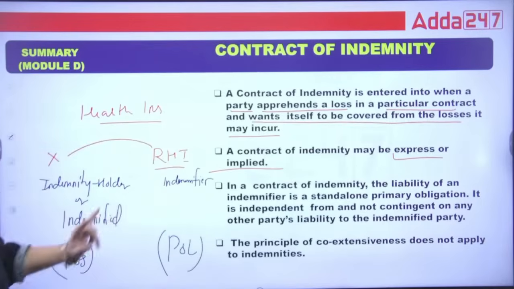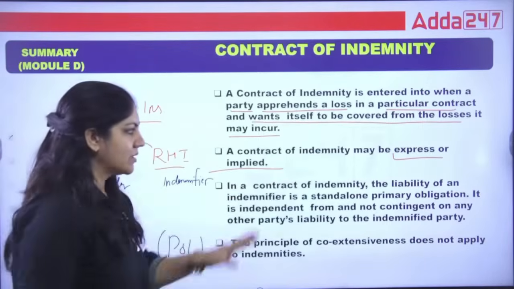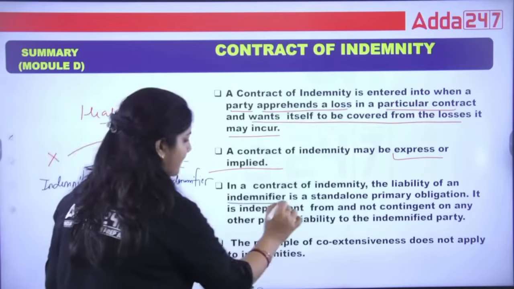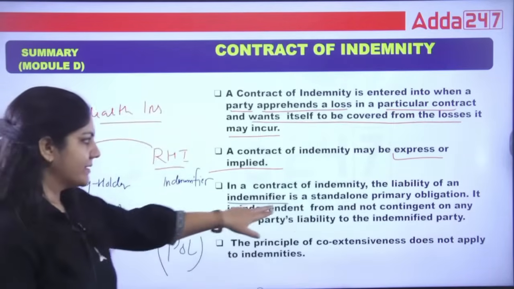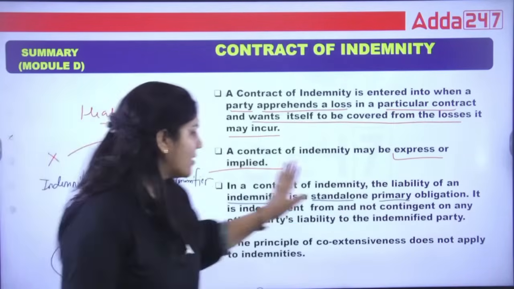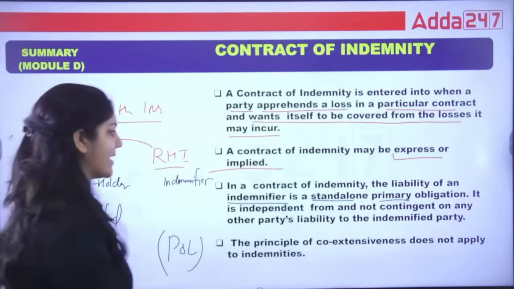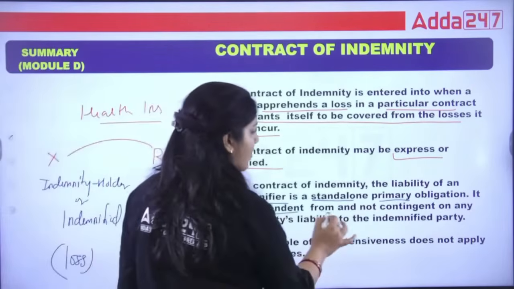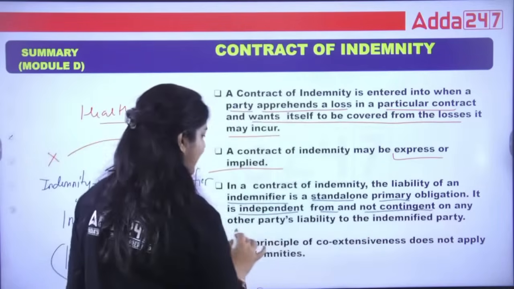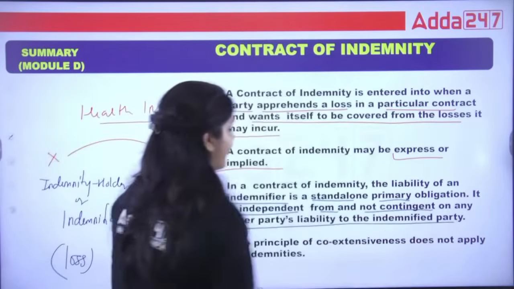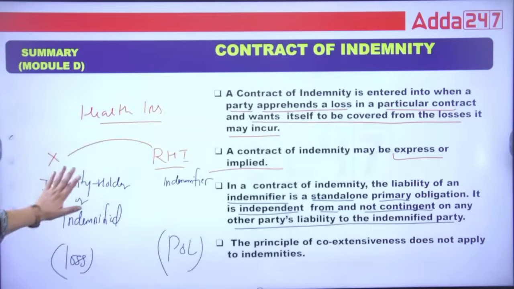So class, the loss will happen to this person and the protection from loss will be given to this person, right? So in the contract of indemnity, the liability of the indemnifier is a stand-alone primary obligation. Exactly. The primary liability is of this one, and it is independent from and not contingent on any other party's liability to the indemnified party. It means the loss will be incurred by this person and the coverage of loss will be done by this person.